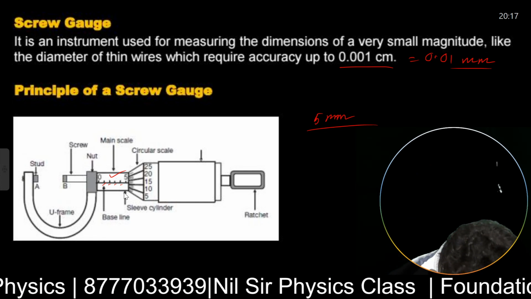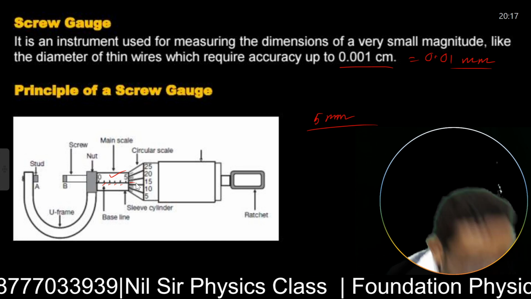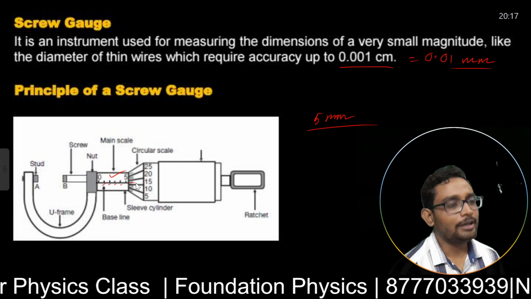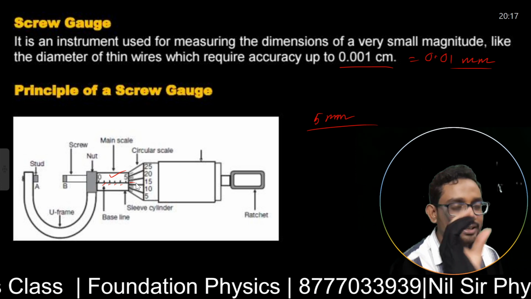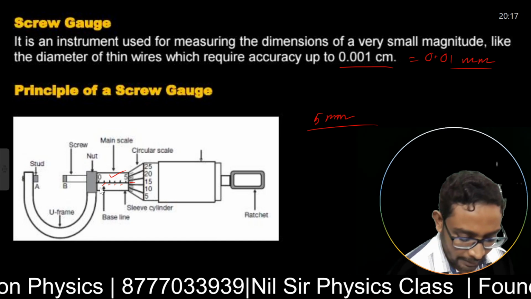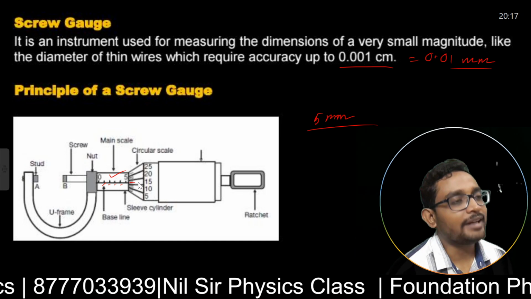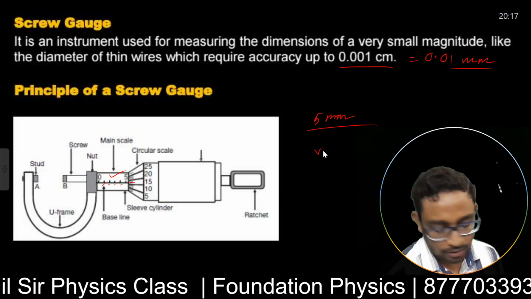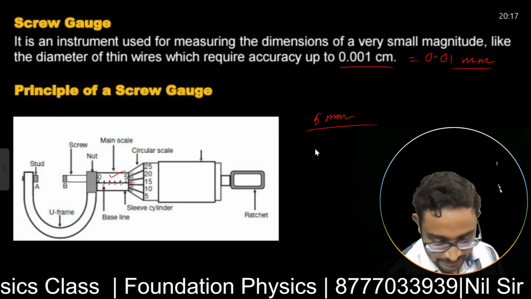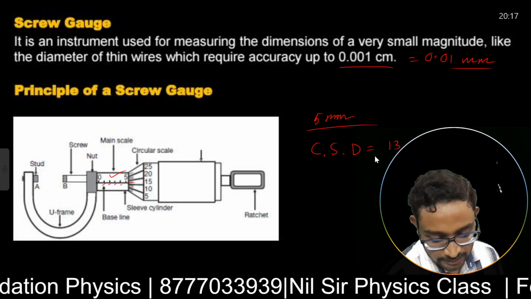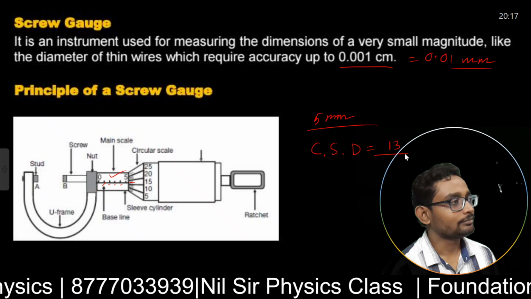Now in this scale you can say it coincides with 13, right? Coinciding means the 13th division of the circular scale coincides with the main scale axis. This line is called the axis. So your circular scale division is equal to, in this case, say 13, right?